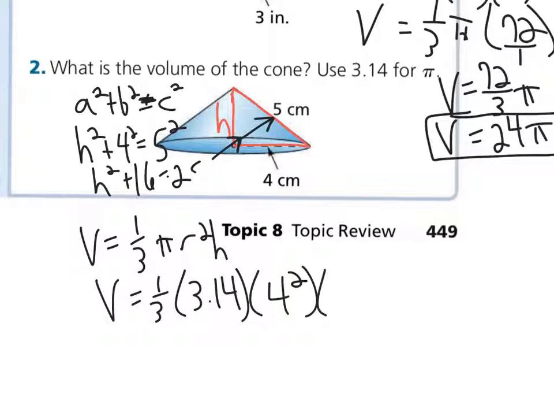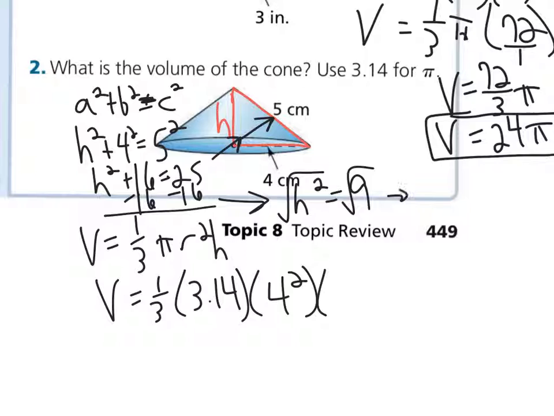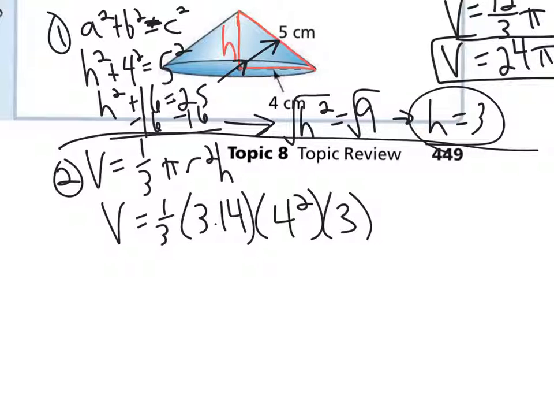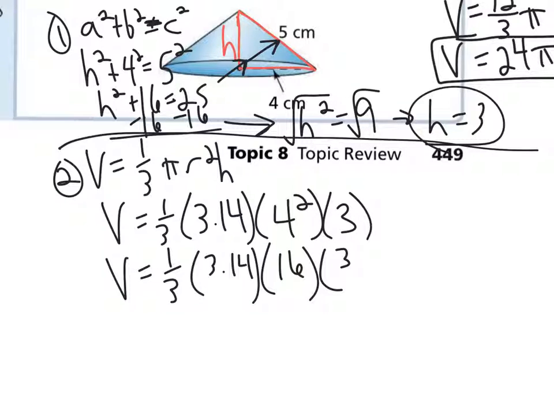So 4 squared is 16, 5 squared is 25. And if you subtract, so subtract 16 on both sides because they were adding, and then they're squaring, take the square root, and we'll get our height to be 3. Now that we've got our height to be 3, we can substitute that in the formula. 4 squared is 16.